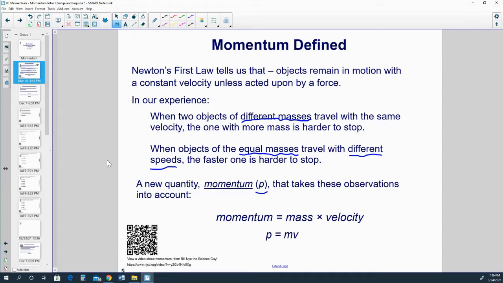Momentum is equal to mass times velocity. So p equals mv. What this equation shows is that they're directly proportional to each other. If you increase the mass, you increase the momentum, and if you increase the velocity, you increase the momentum.